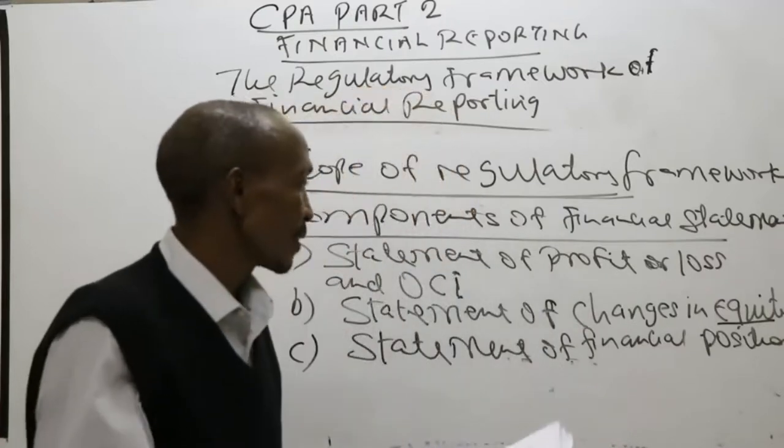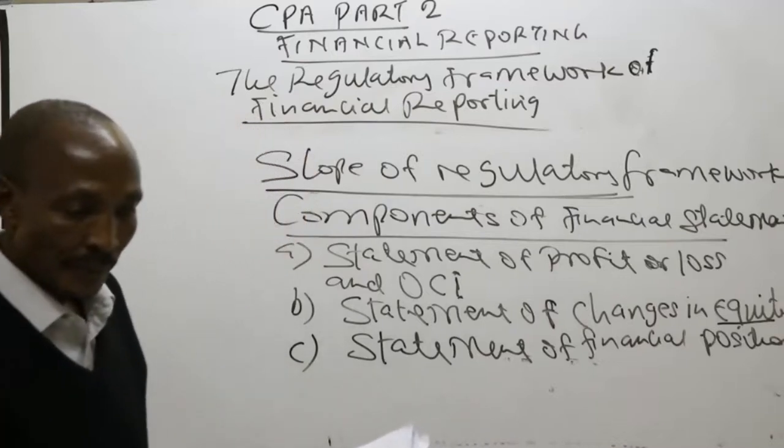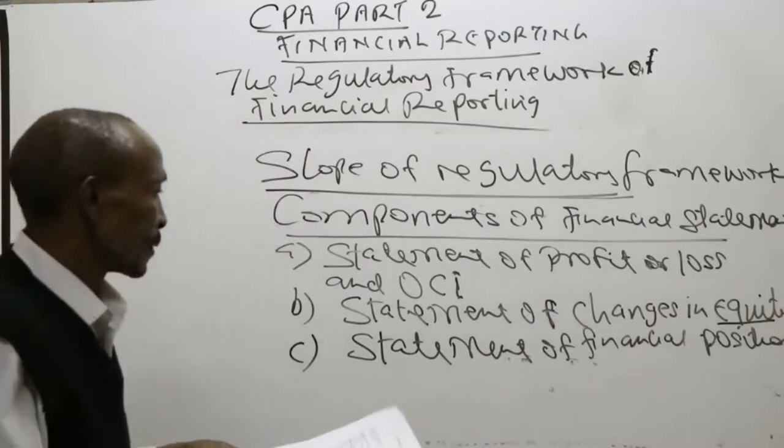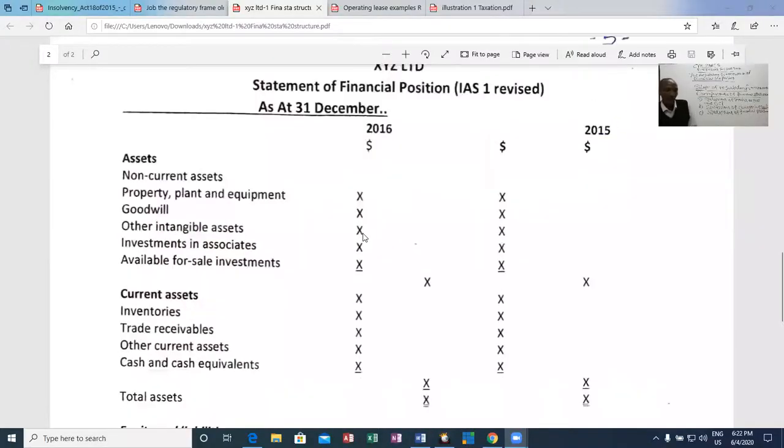The next statement, we have the statement of financial position. The term financial position refers to the position of the assets, the liabilities, and the equity of the company.